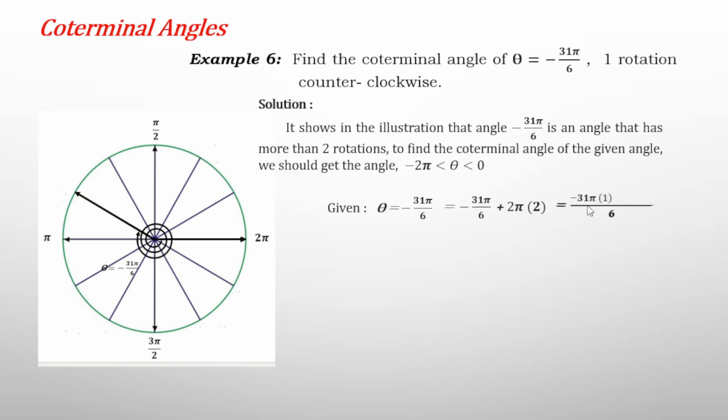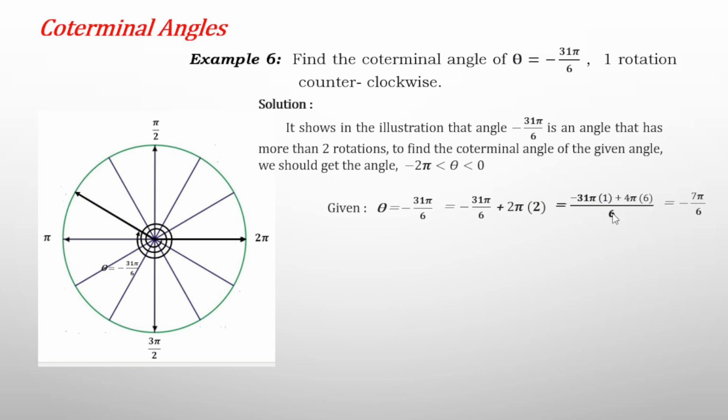So we have negative 31 pi times 1 plus, remember that 2 pi times 2 is equal to 4. And this 4 must be multiplied to 6. So as we update the numerator, that becomes 4 pi times 6.